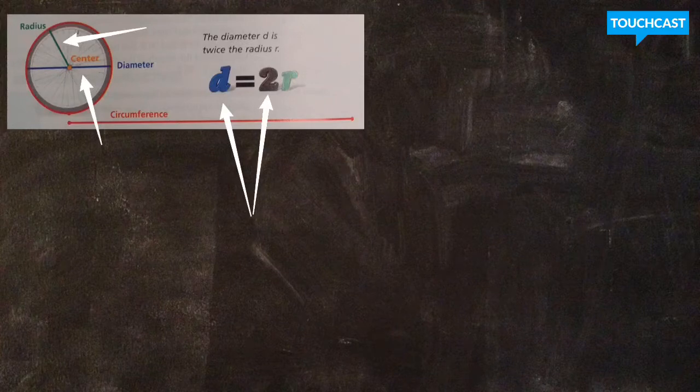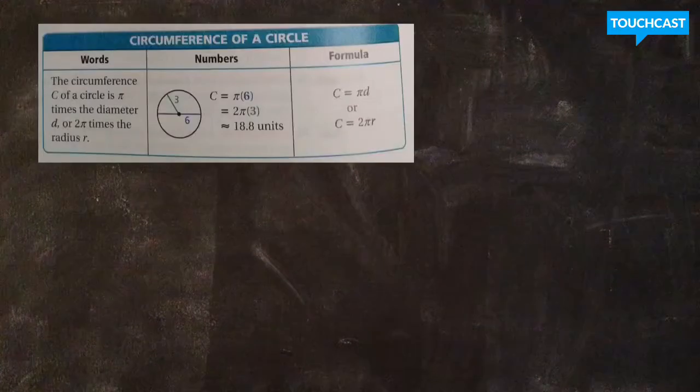Our circumference is just the distance around the circle, which you can kind of think as the perimeter of the circle. So the circumference, or C of a circle, is pi times the diameter, d, or 2 pi times the radius. So if we're given a diameter of 6, the circumference is just pi times 6.